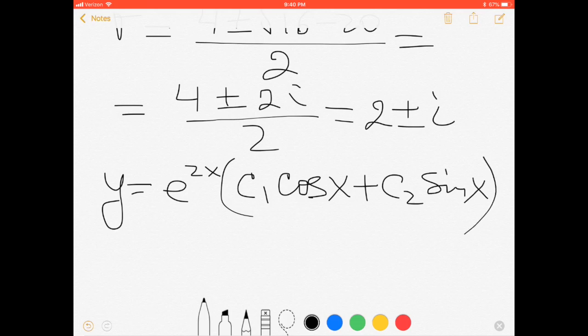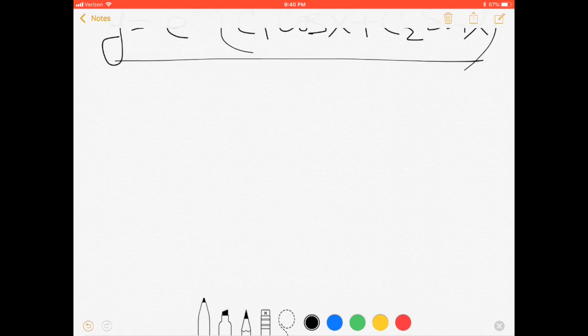Remember, the coefficient in the exponential function is the real part of your complex number. The coefficient inside sine and cosine is the imaginary part of your complex number. Okay, this is the general solution. We're solving our equation.